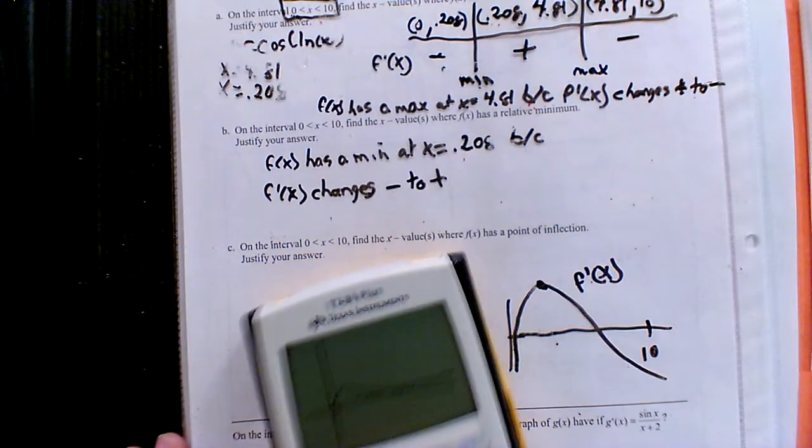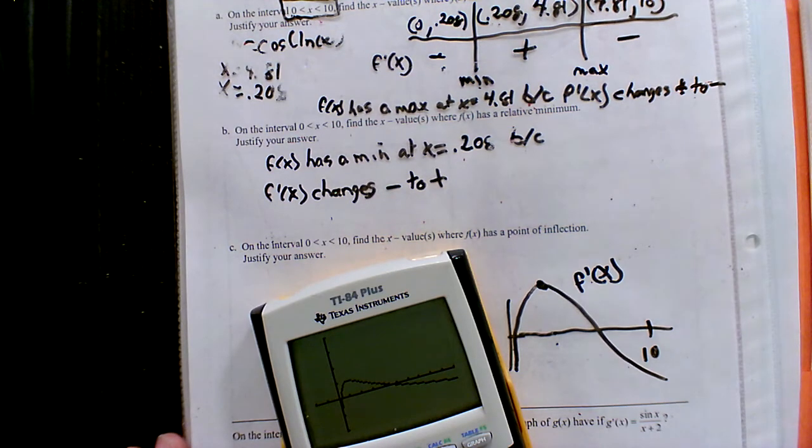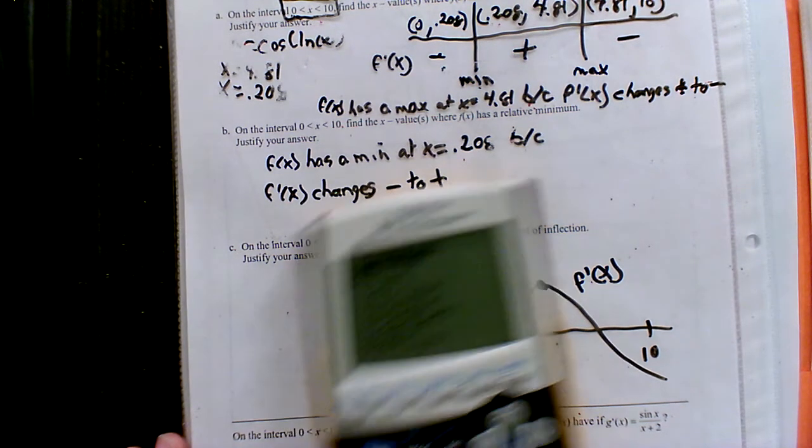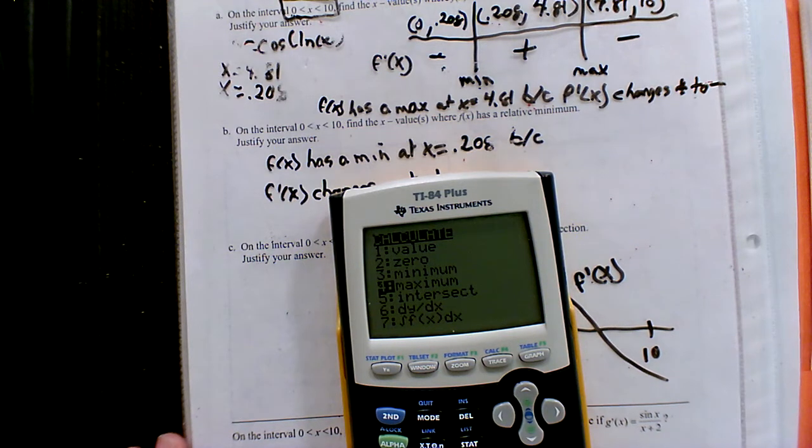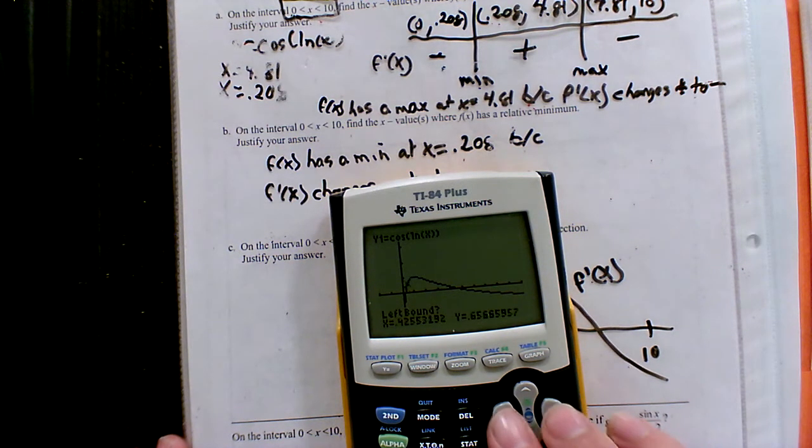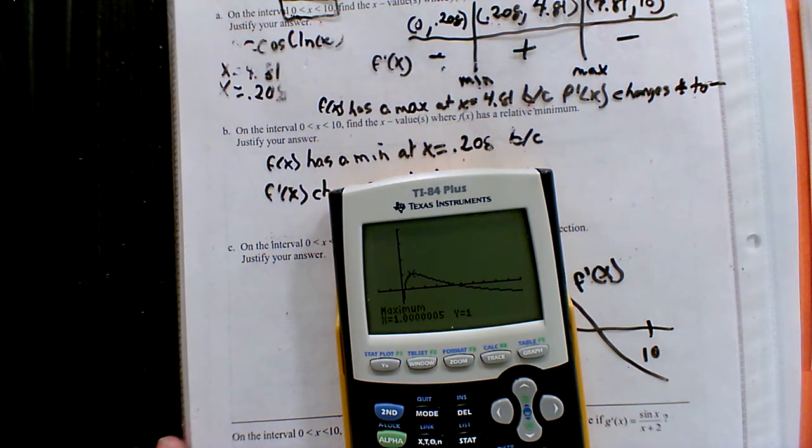So, if you have a calculator, can't you find a max on your graph? Go to second, calculate, down to 4. That's where maximum is. Again, just like we did with the zeros, get a left bound, get a right bound. And what is your max, sorry.